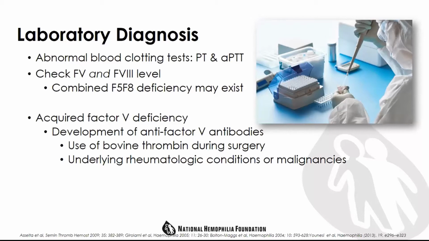As a result of these conditions or use of bovine thrombin, a person can develop anti-factor V antibodies, resulting in abnormal PT, PTTs, and a low factor V. However, as soon as these conditions are treated or the bovine thrombin is removed from the system, the patient's factor V levels will normalize.